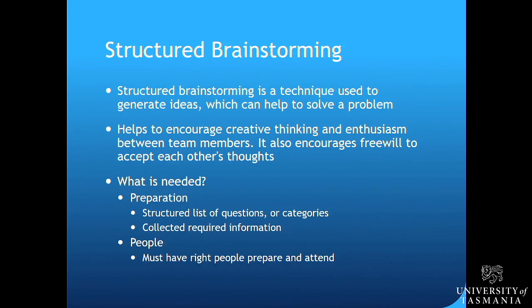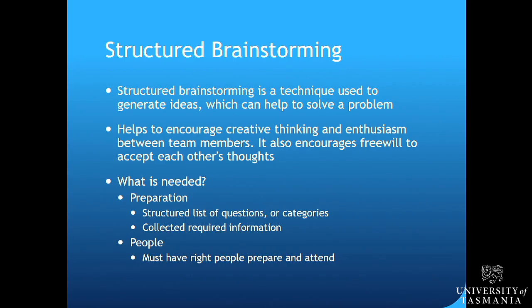Structured brainstorming, as I've already mentioned, is a good way to go about doing this. And what do we need to do that well? We need a group of people who can think creatively to try and put themselves in the position of an attacker, to come up with what kinds of things could be done against our infrastructure, whatever that might be.